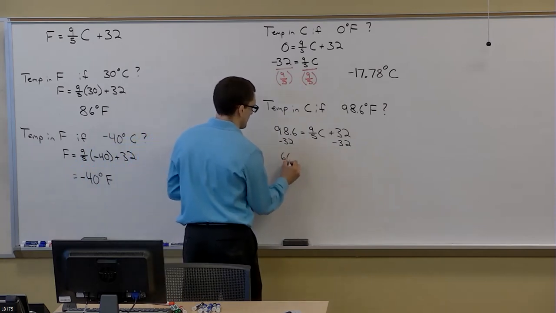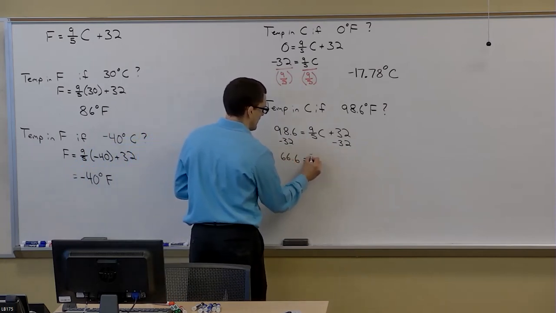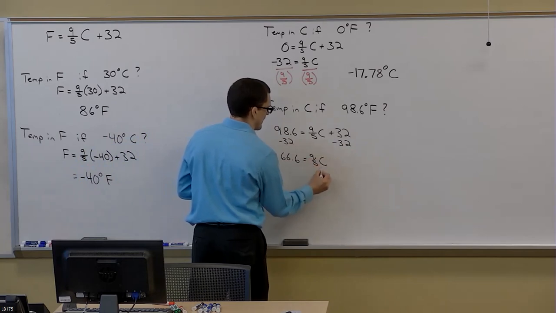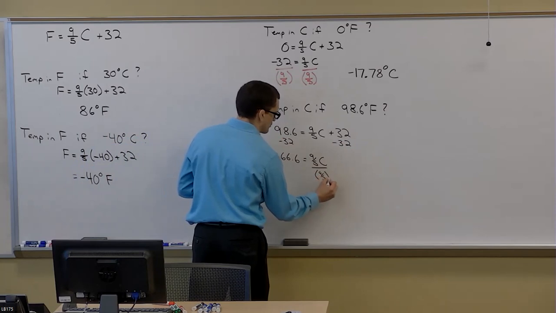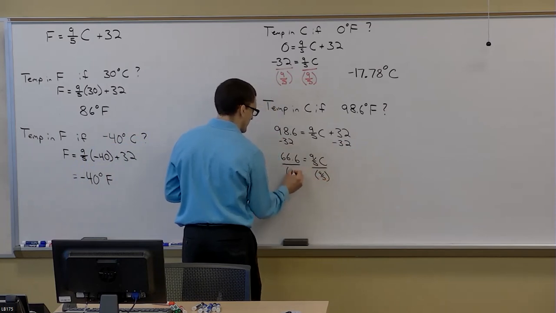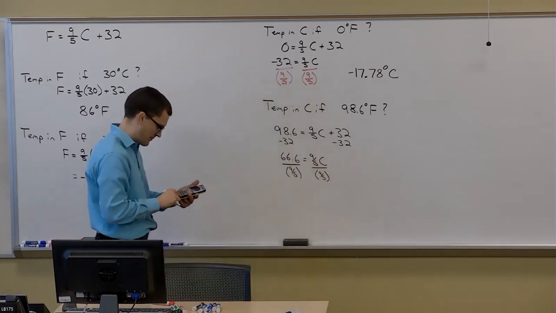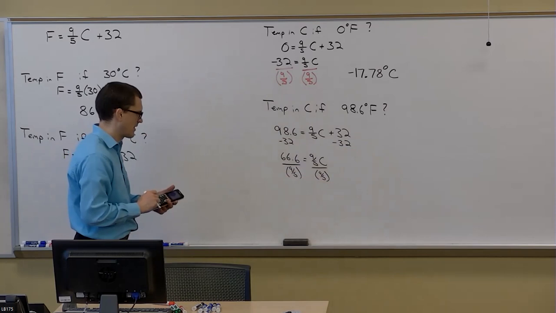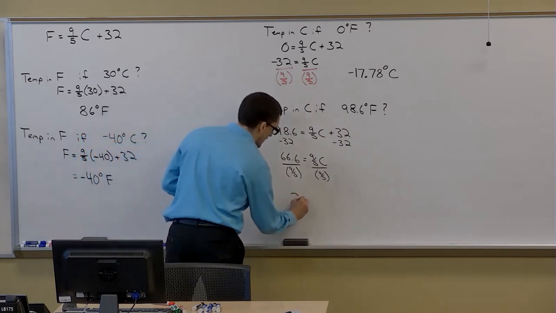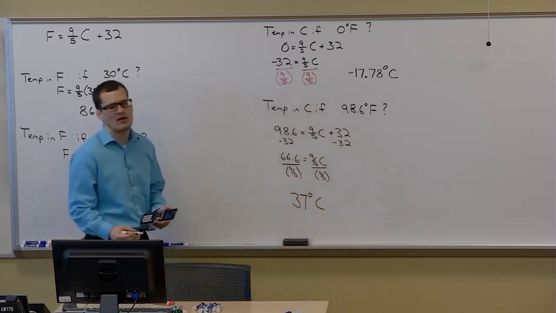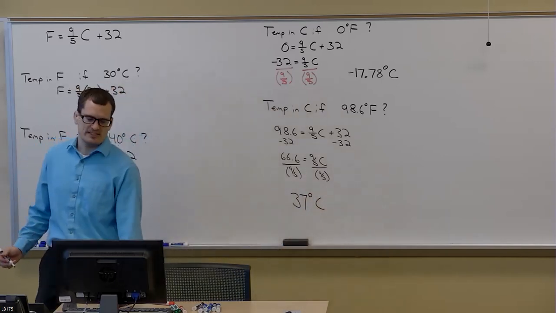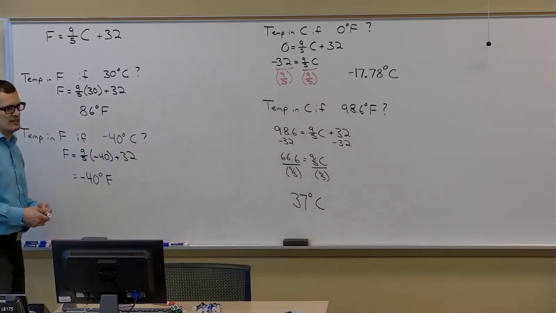So we got 66.6 is equal to 9/5 times C. Once again, when you divide by 9/5, make sure you do so in parentheses. So the degrees in Celsius is 37 degrees Celsius.